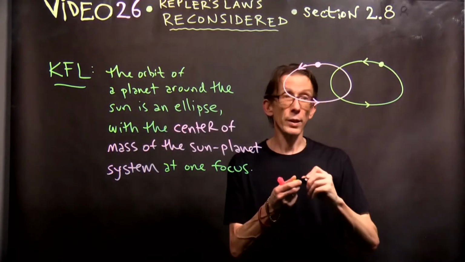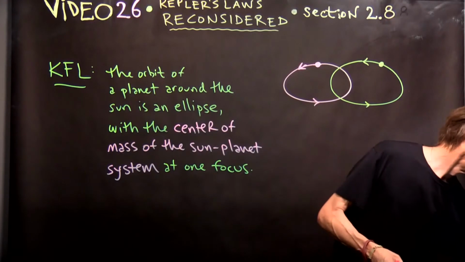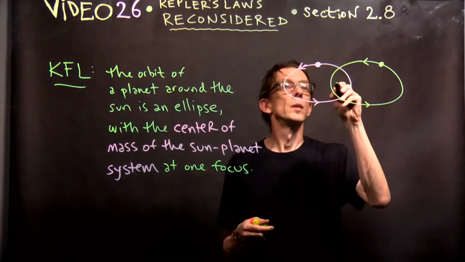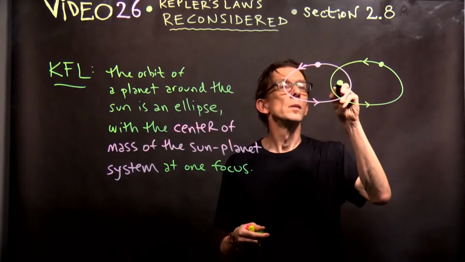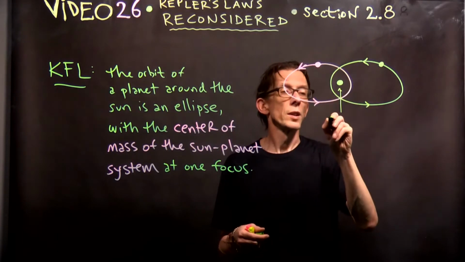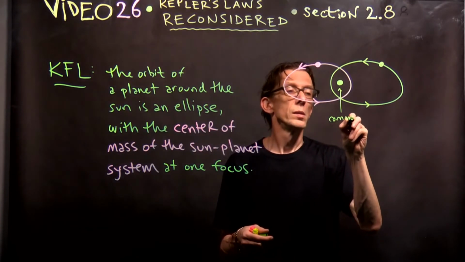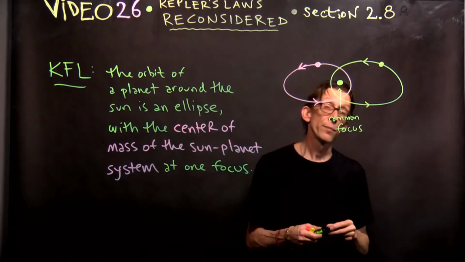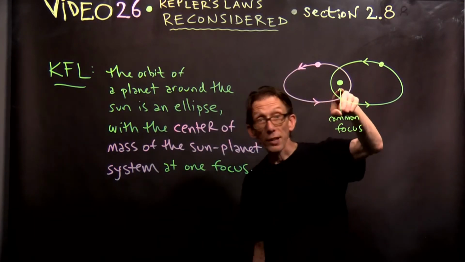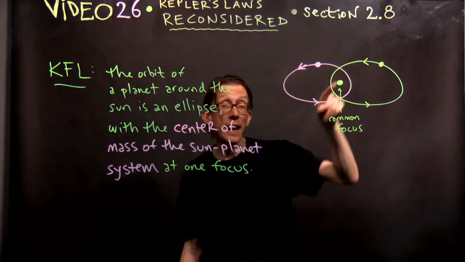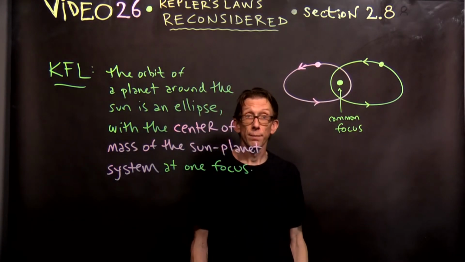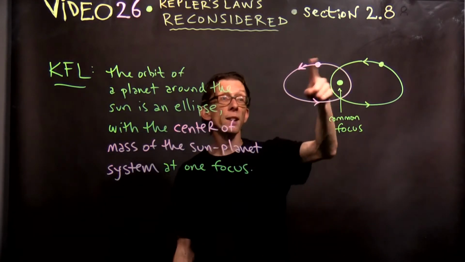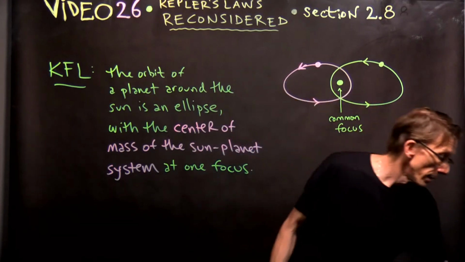This point in the middle here is a common focus. We have two ellipses, and that point is a focus of the pink ellipse and of the yellow ellipse. And these two planets are going to go around. They're not going to be at that location.